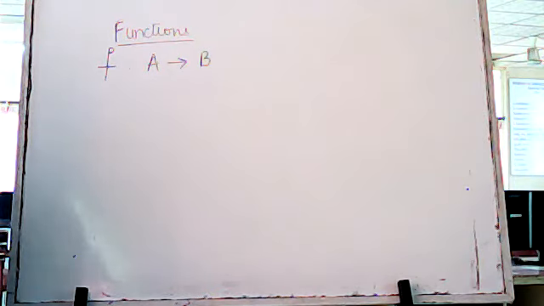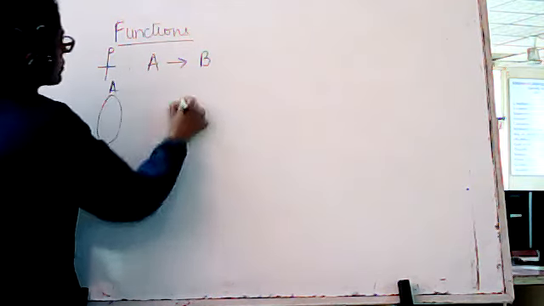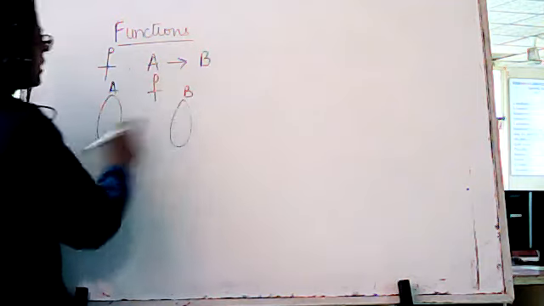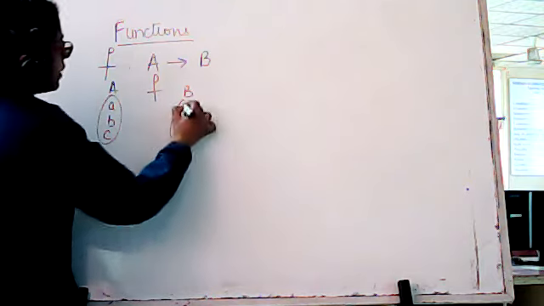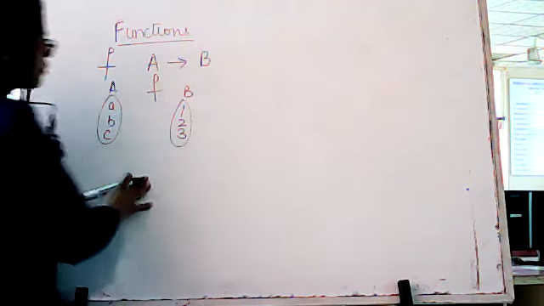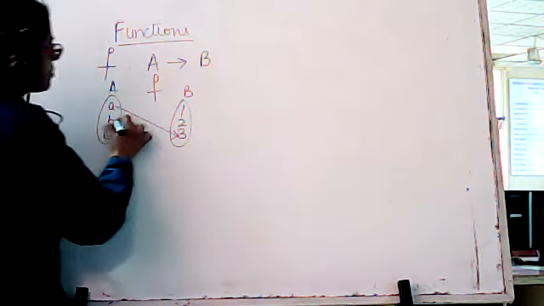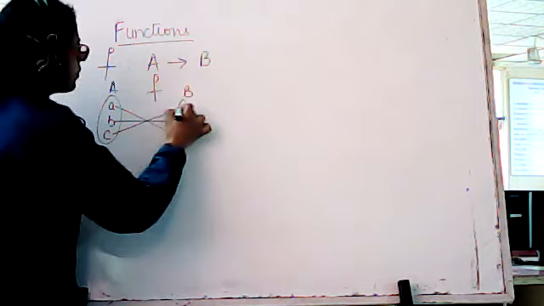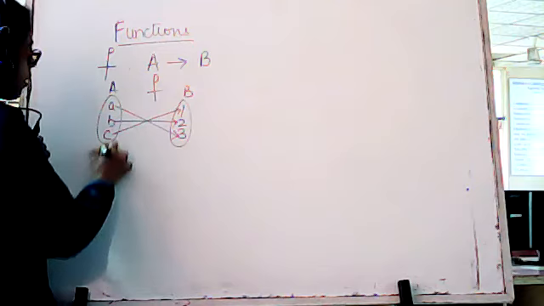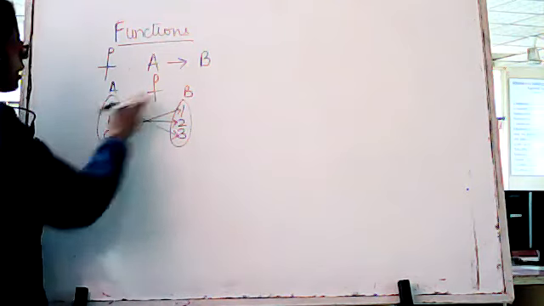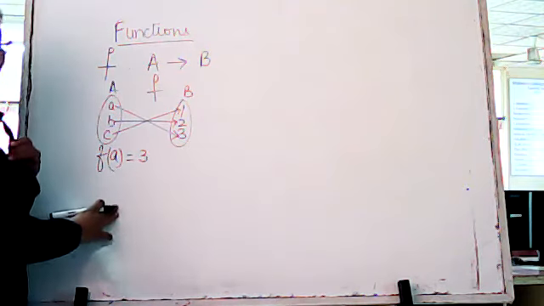For example, let us suppose we are having two sets A and B. In this set, we are having elements a, b, and c. In this set, we are having elements, let us suppose 1, 2, and 3. If a is related to element 3, b is related to 2, and c is related to 1, this is called a function and is written as the value of f of a. a is related to 3 means f(a) equals 3.